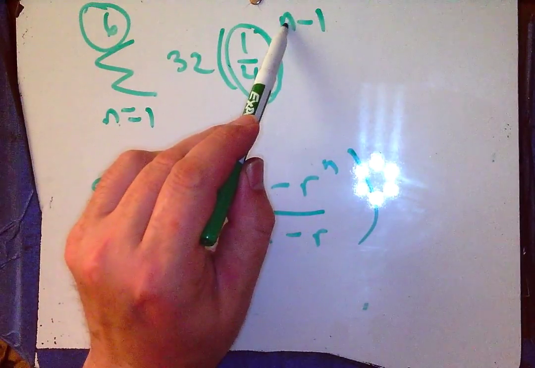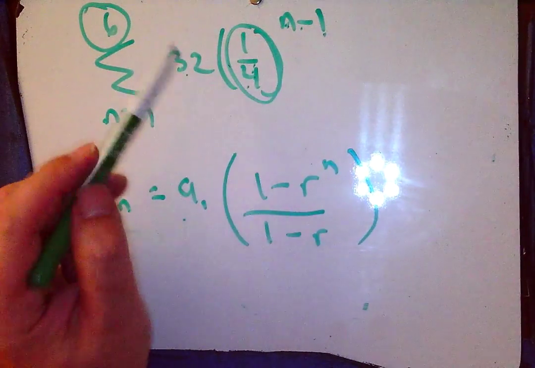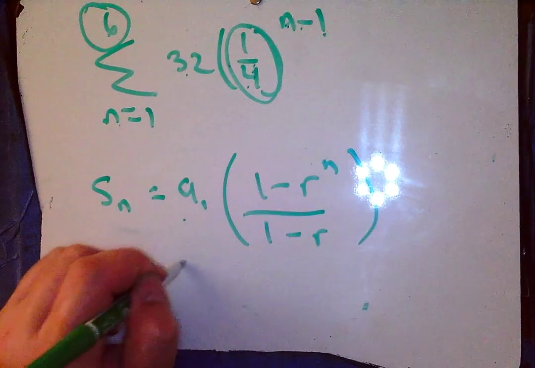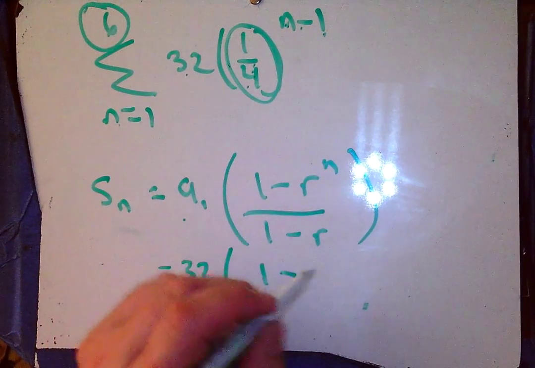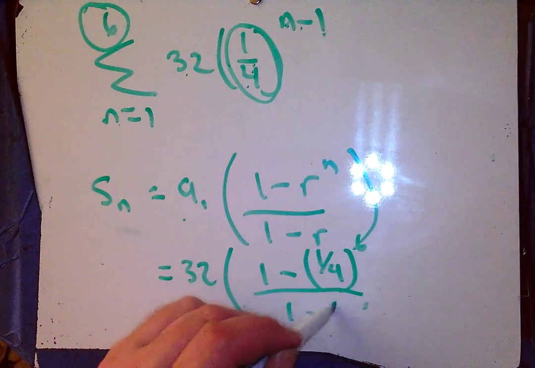Well, if I plug a 1 in here, 1 minus 1 is 0, 1/4 to the 0 power is 1, 1 times 32 is 32. So I have 32, 1 minus 1/4 to the 6th over 1 minus 1/4.